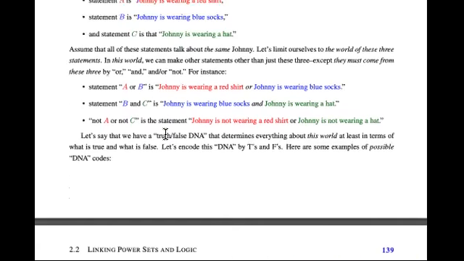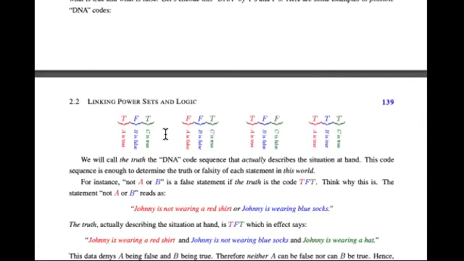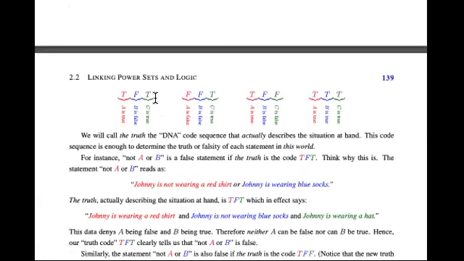That would work. So this would be a possible code, if you will, and even think of it as a DNA sequence where you have A, B, and C, and then you have TFT. So this is a particular code sequence that enables the statement A or B to be true.